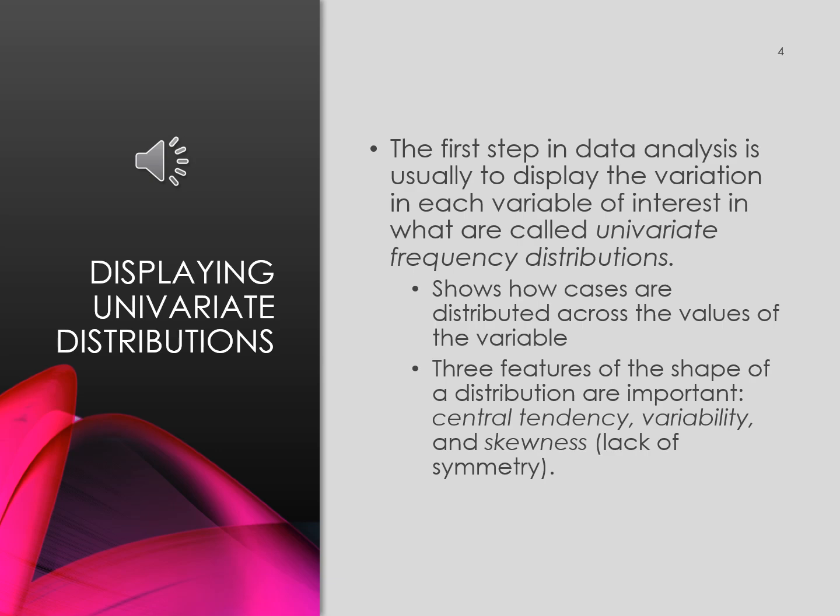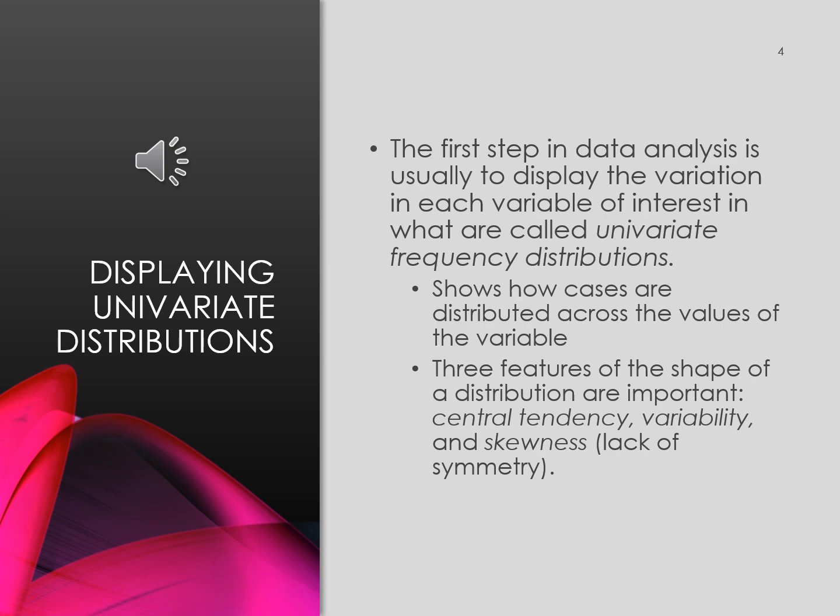There are three features of the shape of a distribution that are important. We have central tendency, variability, and skewness, which is a lack of symmetry. Central tendency is a feature of a variable's distribution referring to the value or values around which cases tend to center.